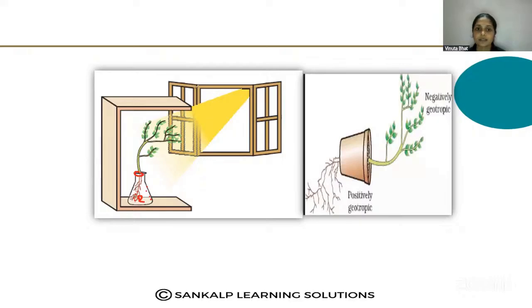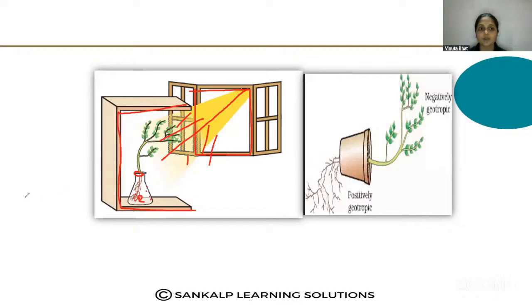The plant should receive light only from this window, so you cover the plant from one side using sheets like this. So the plant receives light from only one direction, from this window. The remaining part of the room is dark.